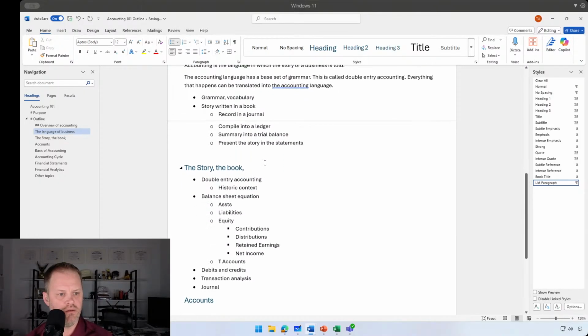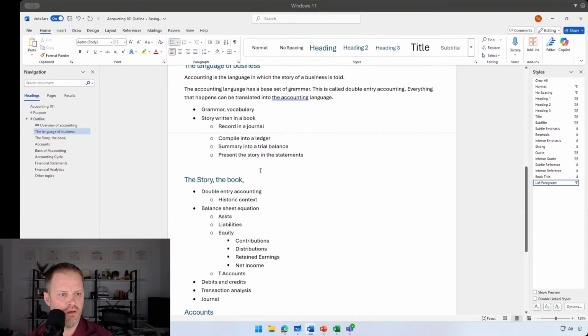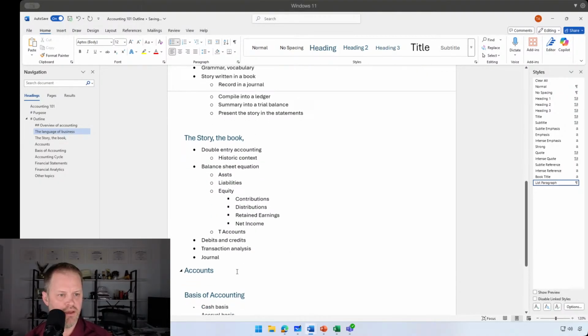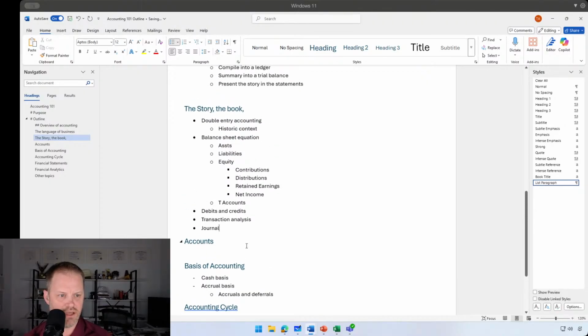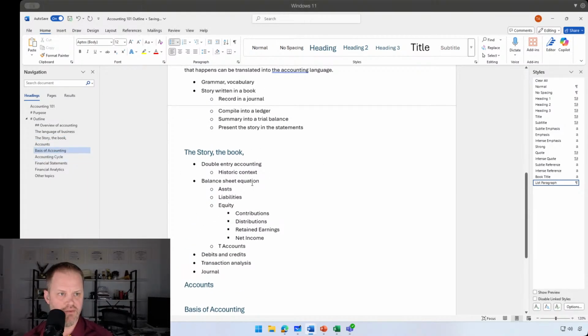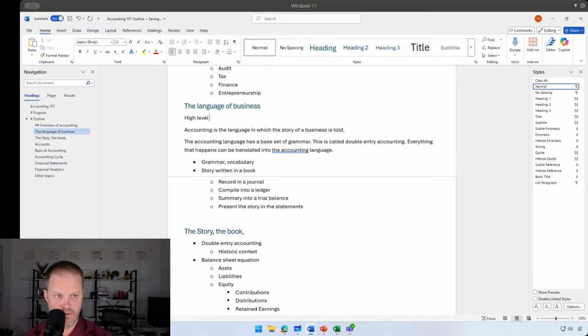Okay, so then I mean, eventually we get into the accounting cycle. That's where we're going to have the idea of. So this is kind of a high-level overview of the analogy.